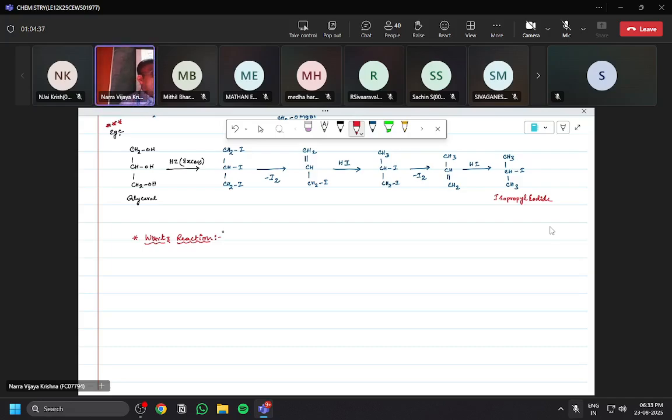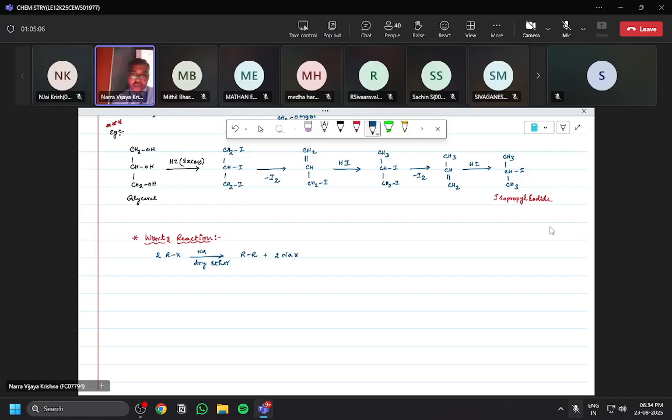Shall I directly write the reaction? Yes, sir. So 2 moles of RX in presence of sodium and dry ether. What will you get? An R-R type alkane, because this will break to form an R radical. The R radical will combine with another R radical to form R-R alkane plus 2 NaX.